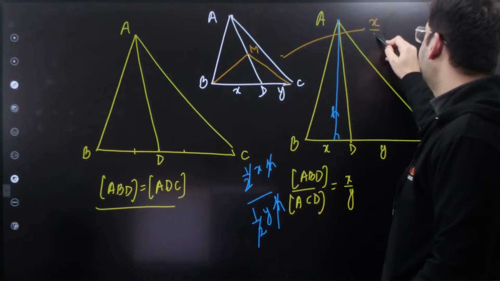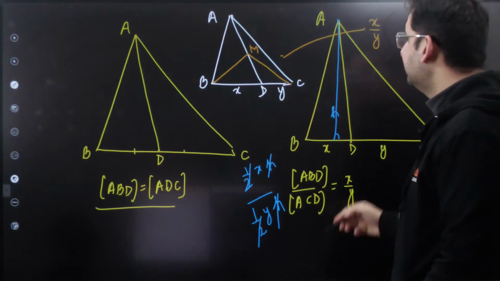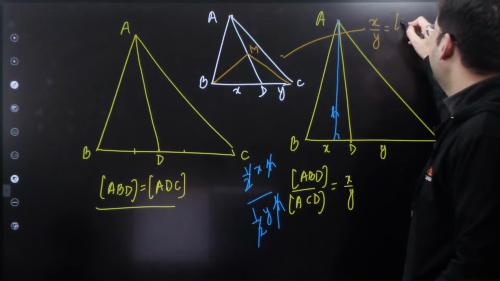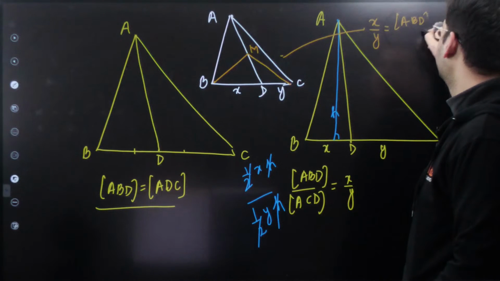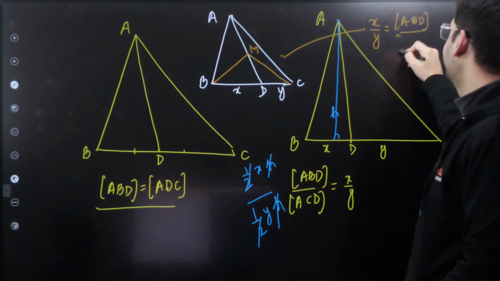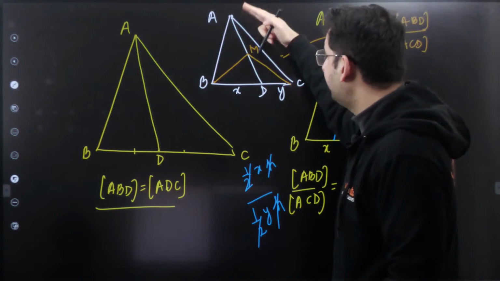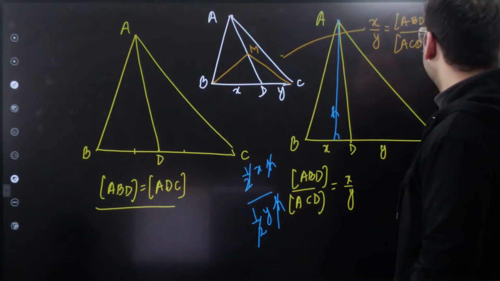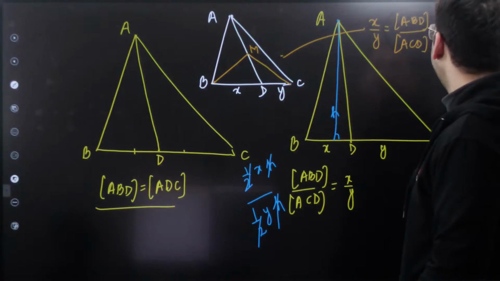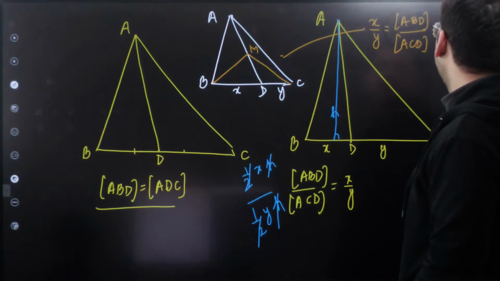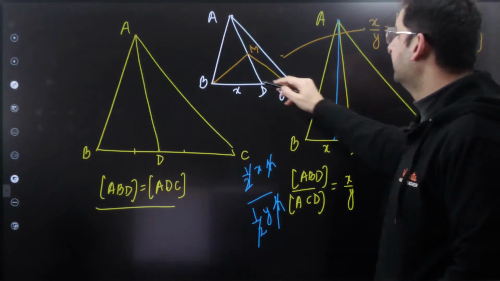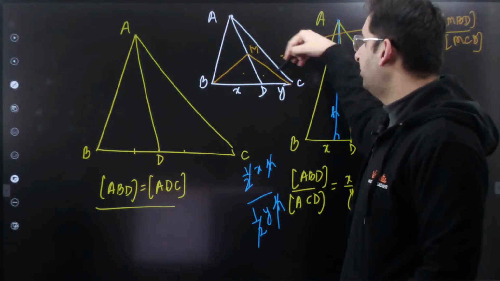X upon Y, this length upon this length, is area of ABD upon area of ACD, which is very obvious. This is also equal to area of MBD upon area of MCD. So this upon this, and total upon total as well.